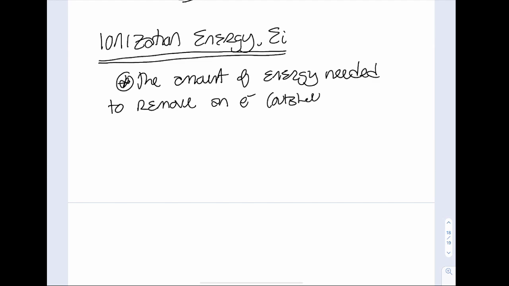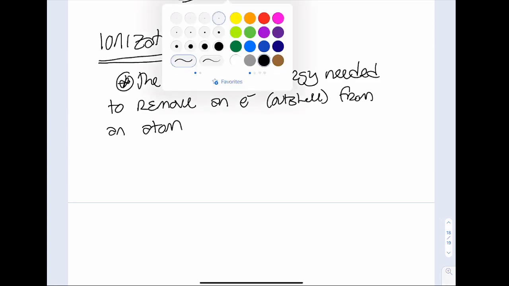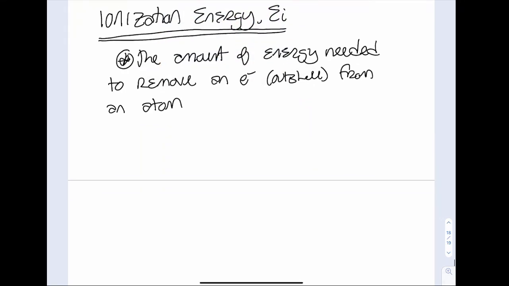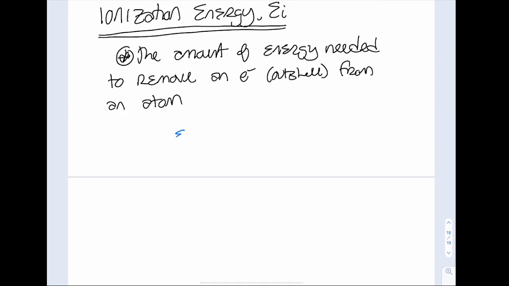From an atom. So kind of an example, and I'm just going to write energy. I don't actually have the value with me. But if I was to take chlorine and add energy to it, I can remove an electron from it.